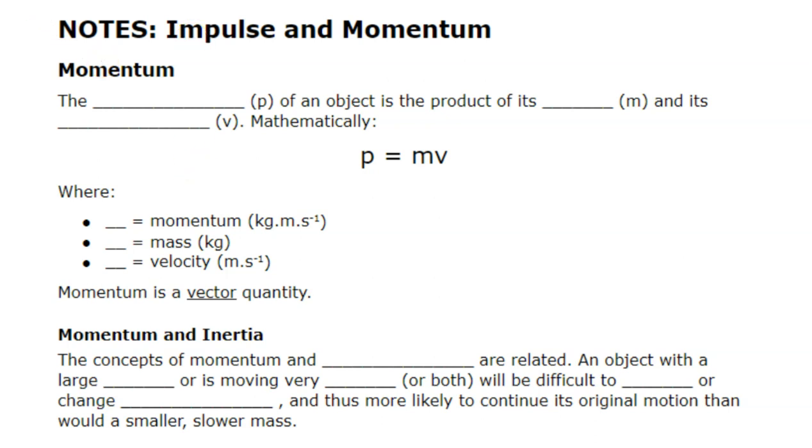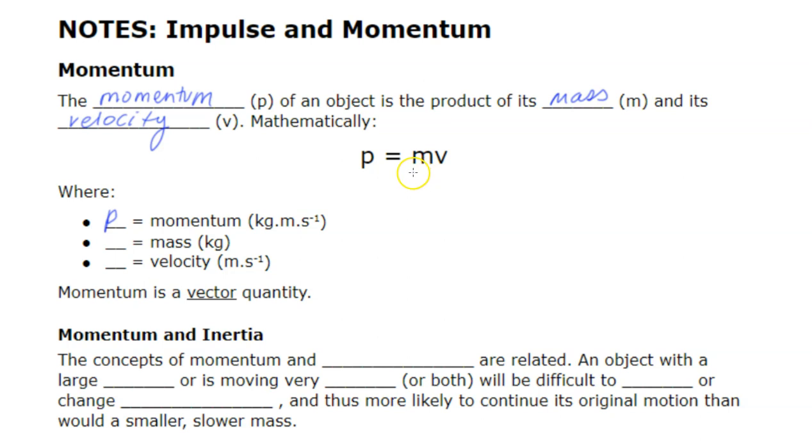So let's start with defining momentum. The momentum of an object is the product of its mass and its velocity. Mathematically, we write it as P equals m times v, where P is the momentum and the units are kilograms times meters per second.